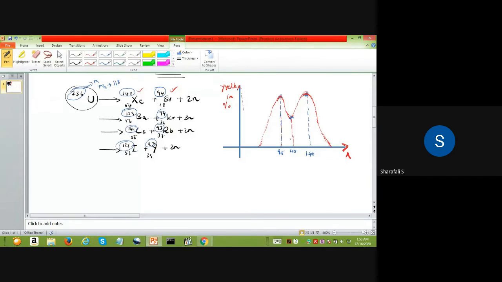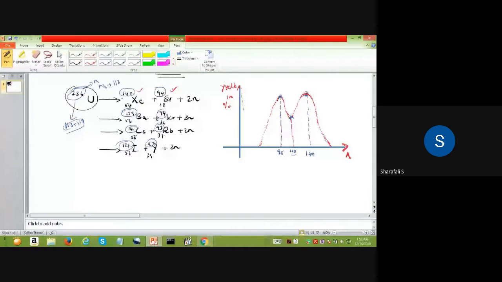That means around 118. So this uranium 236 is splitting into same mass numbered nuclei, 118 plus 118. Okay, so this is a very rare case.